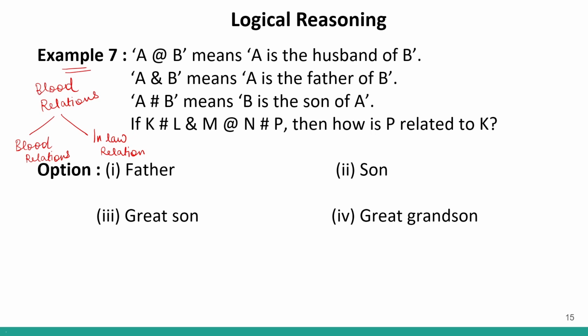And in blood relations, I told you to remember certain things. First thing was, do not assume gender. In blood relation questions, if you get alphabets, there's no assuming of gender. But even if you get names like Meena, Sheena, Karthik, Aryan, something like this, even then you cannot assume the gender. Aryan can be a female or a male. That we have to deduce. So we do not assume gender.